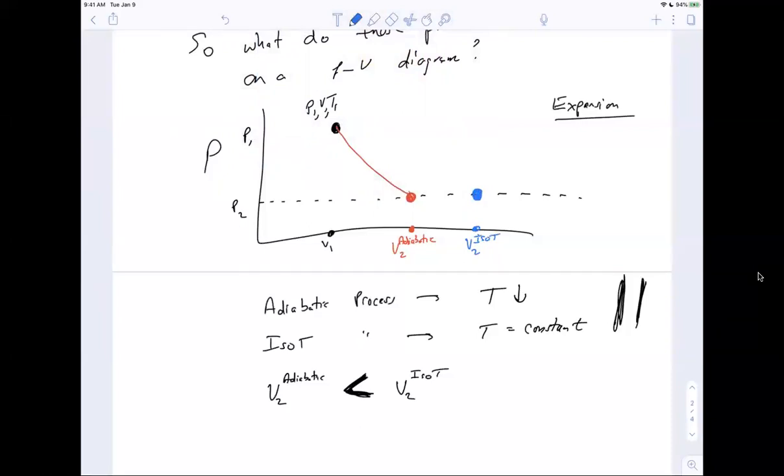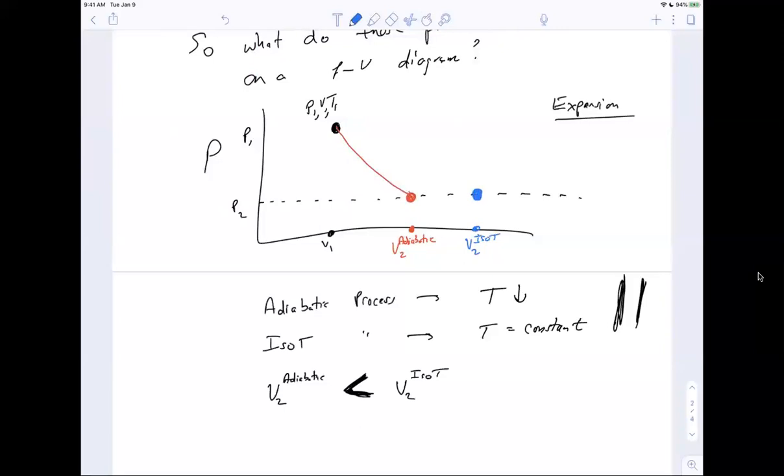Meaning the slope. Is it going to have a higher slope in general or a lower slope? Higher slope. Why? Because the T is constant.